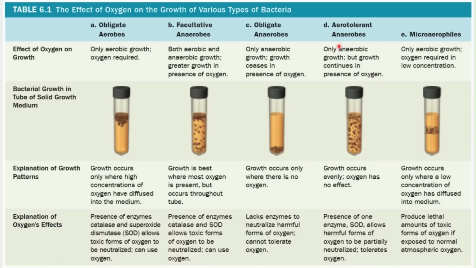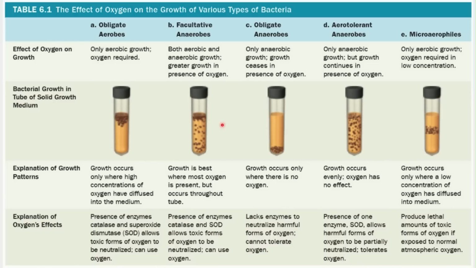Now, a couple things to note in this table. Another confusion that students often have is they confuse aerotolerant anaerobes with facultative anaerobes. Look at these two tubes, and how do you tell the difference between them? The answer should be that with facultative anaerobes, they like to use oxygen and they're capable of using it.